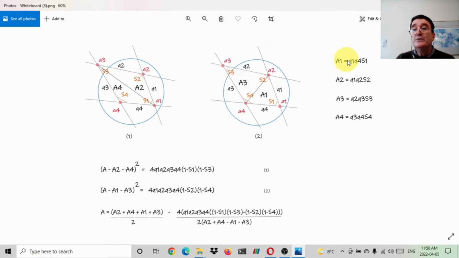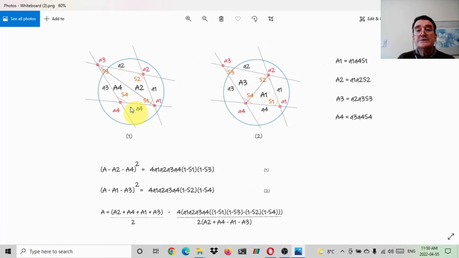When we replace these quantities with A2 and A4, the first equation becomes: the Quadria A of the quadrangle minus A2 minus A4, all squared, equals 4 times Q1, Q2, Q3, Q4, times (1 − S1) times (1 − S3).